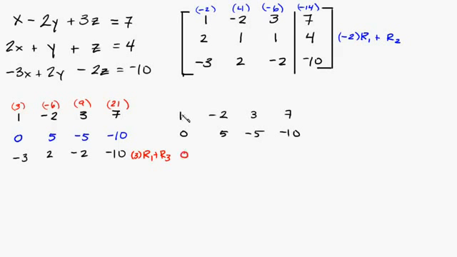You see? I got the 1 first, then a 0 here, then a 0 here. So now we're going to add these two over here. Negative 6 and 2 is negative 4. 9 and negative 2 is going to give me a 7. And 21 and negative 10 is an 11. Okay, so far that's what's happening.